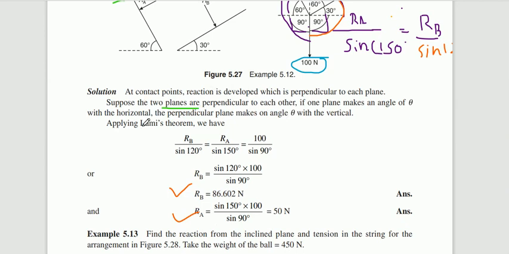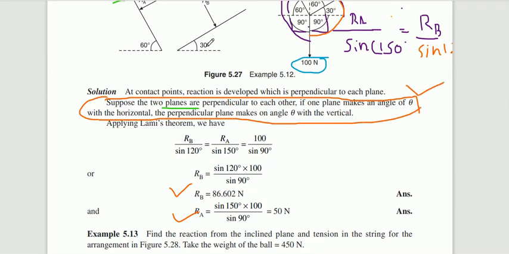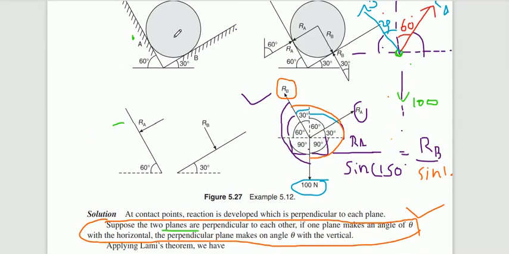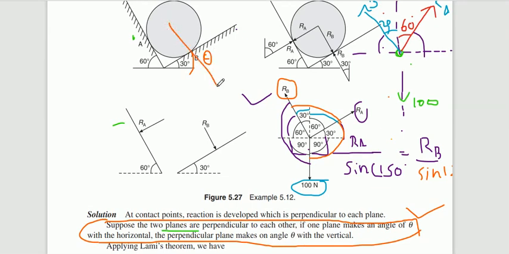Here, what is the important concept? This is important. Suppose two planes are perpendicular to each other. If one plane makes an angle theta with respect to the horizontal, then the perpendicular drawn to that plane makes the same angle theta with respect to the vertical. This is a very important concept to decide the inclination. This is what I am writing.